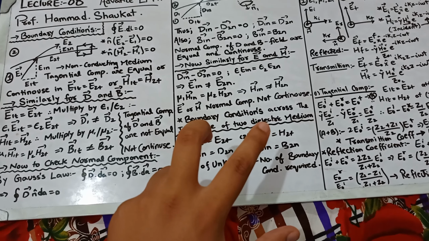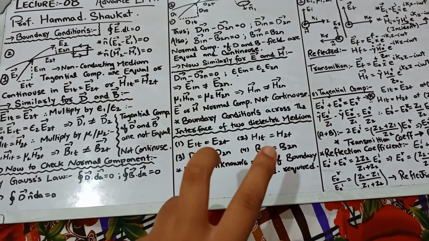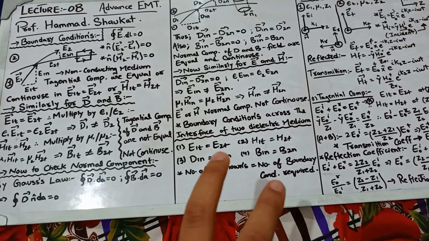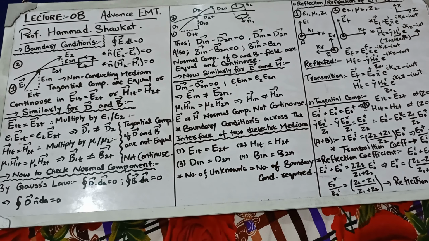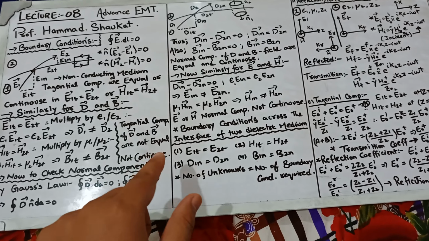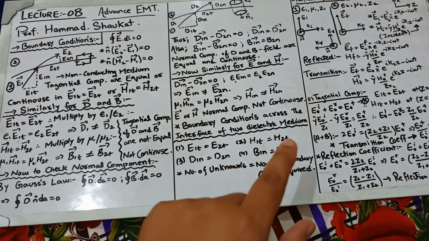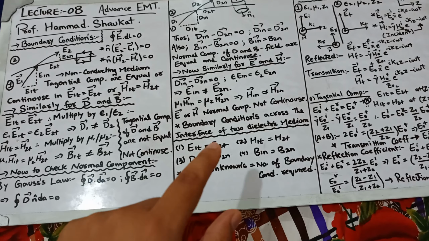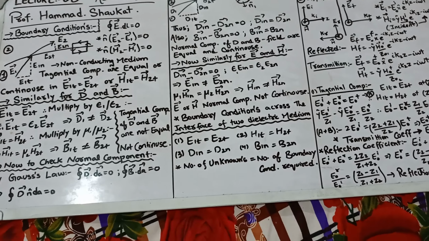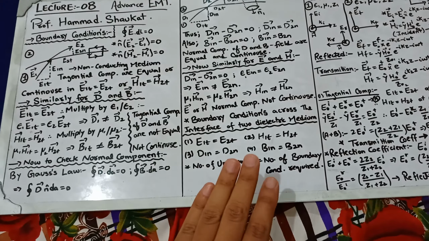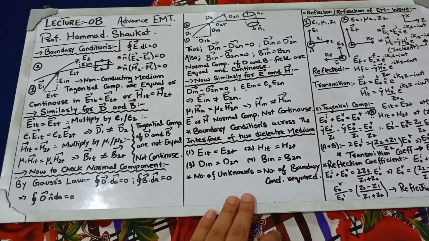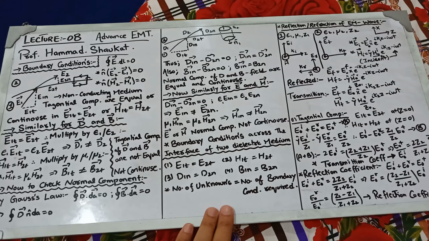These are two conditions we have, and the other two conditions are that the normal components of the D field and the B field are continuous. So E1t equals E2t, H1t equals H2t. Similarly, D1n equals D2n, B1n equals B2n. So these are the four boundary conditions we are left with, and we will use these in solving problems.